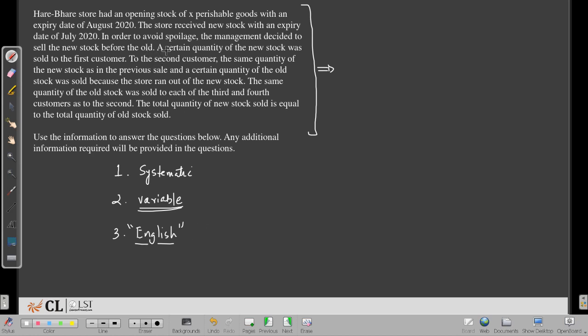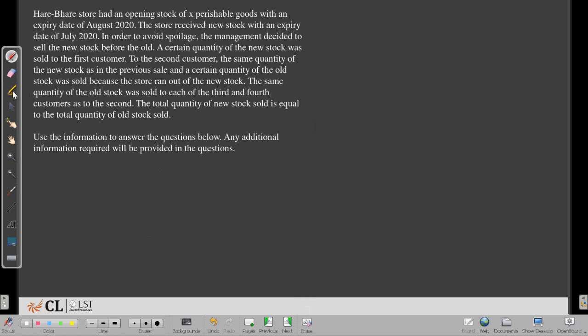So read each sentence once again, understand it very clearly, and spend that extra couple of seconds, 5 seconds, to get a complete understanding of that particular sentence and capture the information in the correct manner. Then we will not make silly mistakes, because whatever mistake we make in the beginning is going to ruin the complete set. So these are the three things: be systematic, be careful about variables, and mind the language. Those are the three things you should keep in mind.